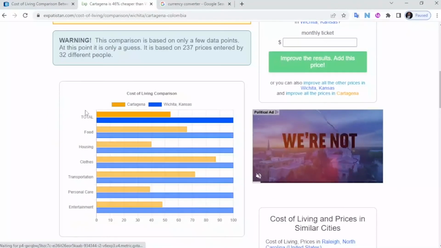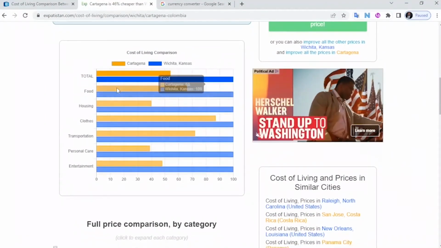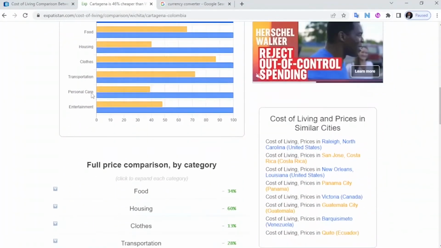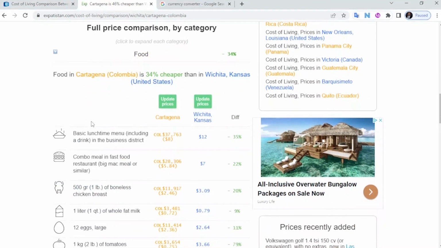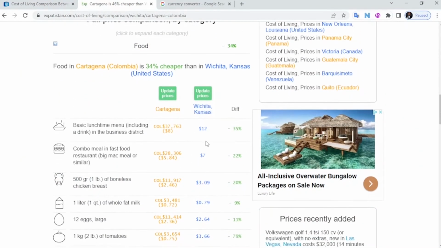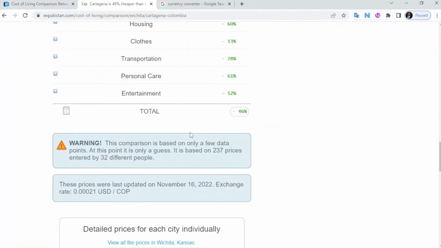And then there are some bar graphs here, a little different way to read the data. It'll say food, and you can open these up and they have the difference in what the prices are, similar to the previous site.